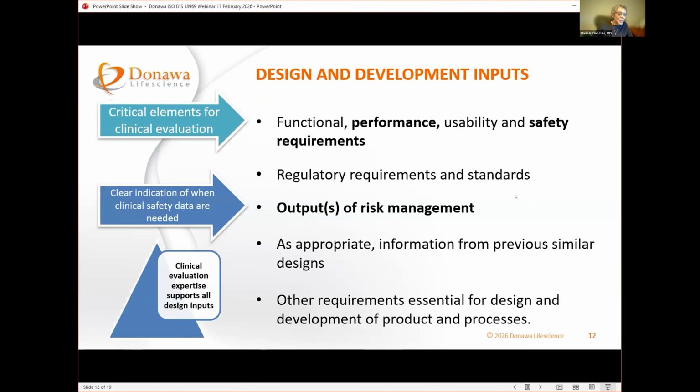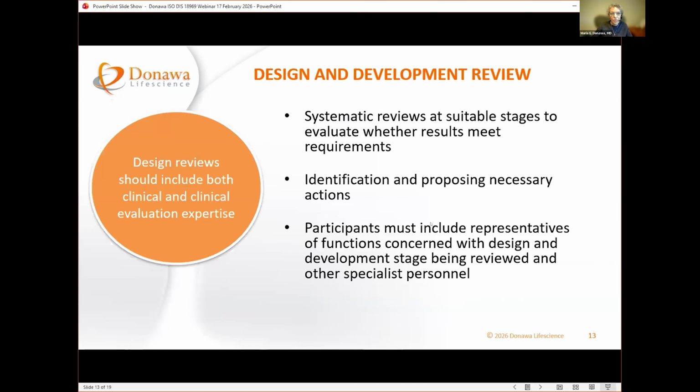So, clinical evaluation expertise can really support just about all of these inputs. And when I say clinical evaluation expertise, I'm not talking about clinical expertise. Clinical expertise is absolutely valuable. As I said before, if you have it in the same person or group of people, you have both clinical expertise and clinical evaluation expertise, all the better.